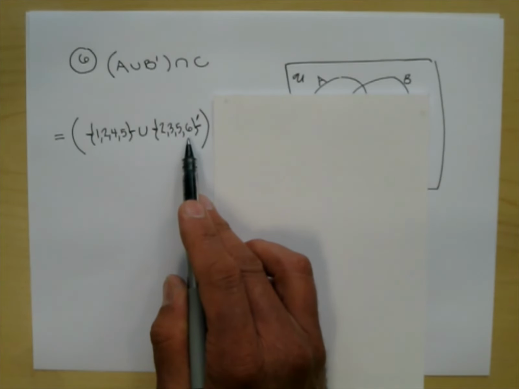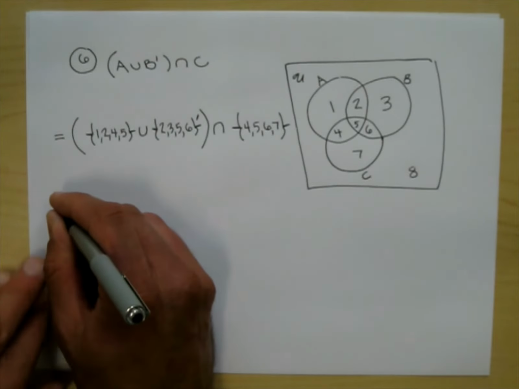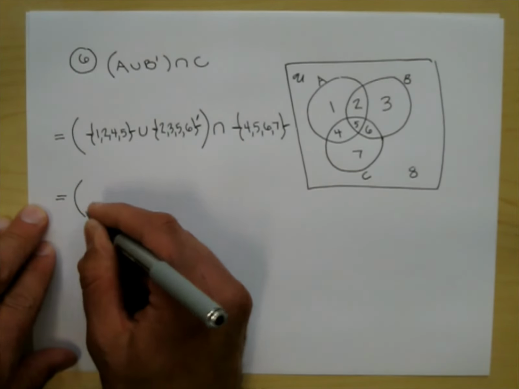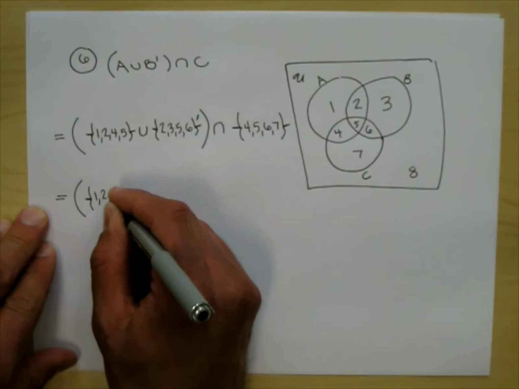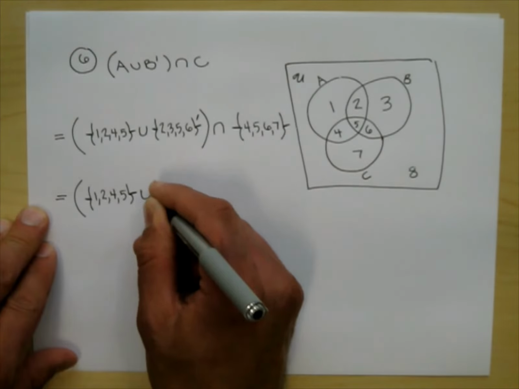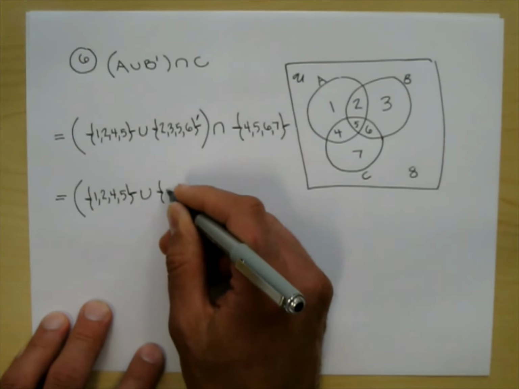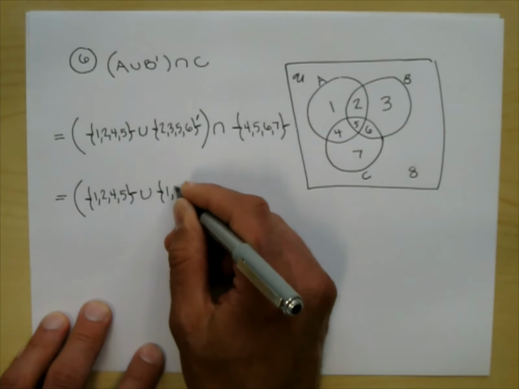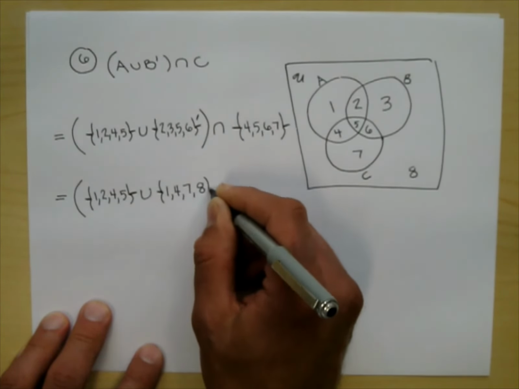And remember, the universal set is 1 through 8, so I'm going to go ahead and simplify that. So the first one I'm going to leave alone. And this one right here, so what is not 2, 3, 5, 6? It would be 1, 4, 7, 8.